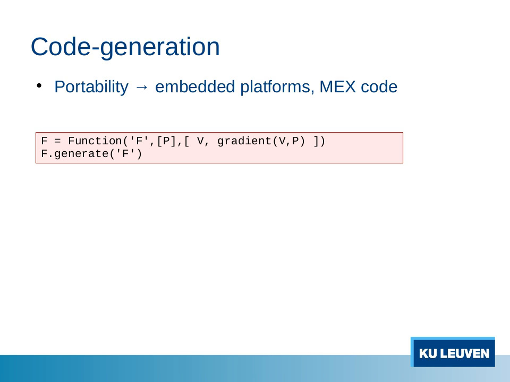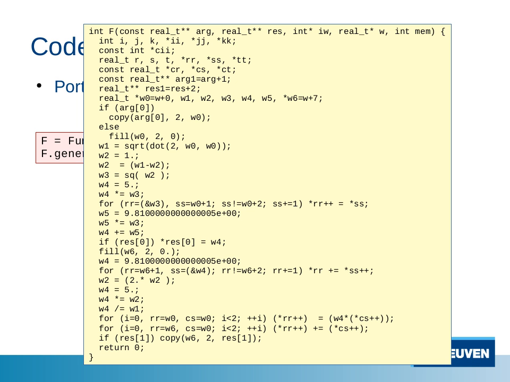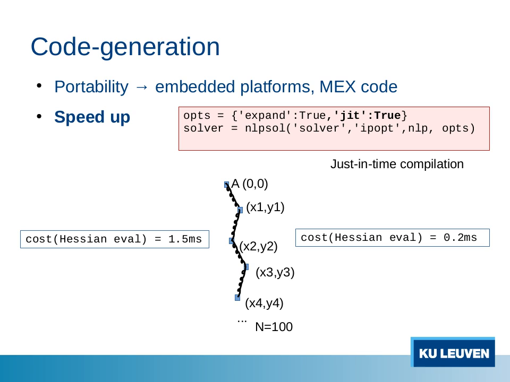Whenever you construct a function from an expression graph, in this case f, you can just do .generate and you get a bunch of code that you can call. Besides portability, it's also speed-up that you can get with code generation. You could manually compile the code and then use an external function to obtain it. You could also use the just-in-time compilation facility in CasADi. This would be by just passing the JIT option to the constructor.